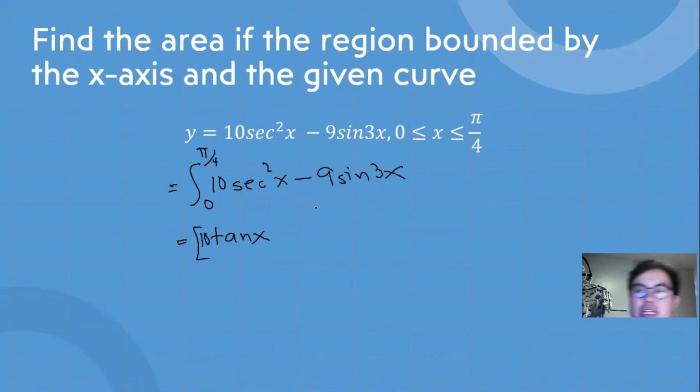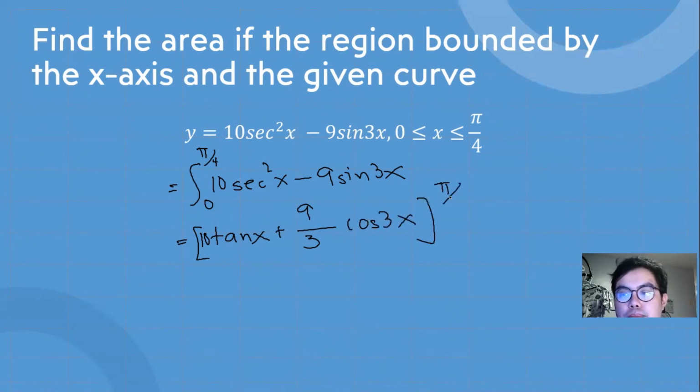Tapos, yung 9 sine 3x po, magiging 9 over 3. So, since i-integrate po tayo ng negative sine 3x, so it will become plus 9 over 3 cosine 3x, then pi over 4, then 0.